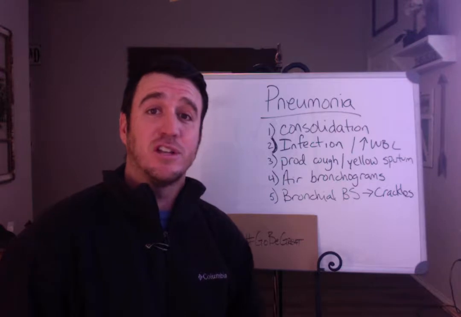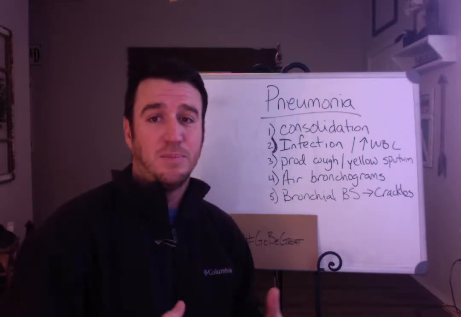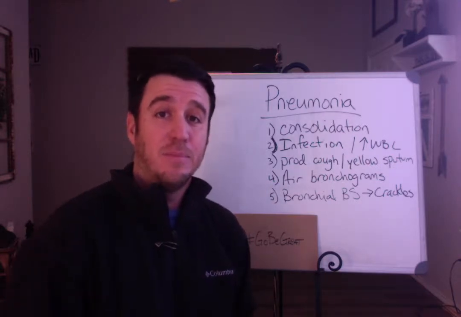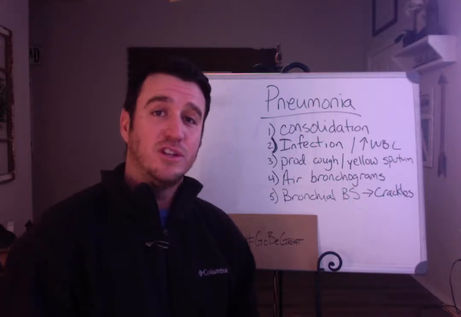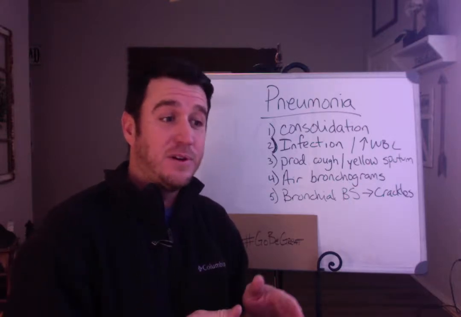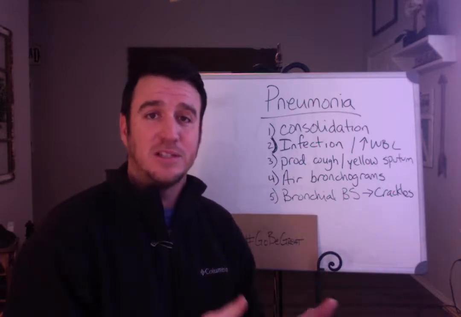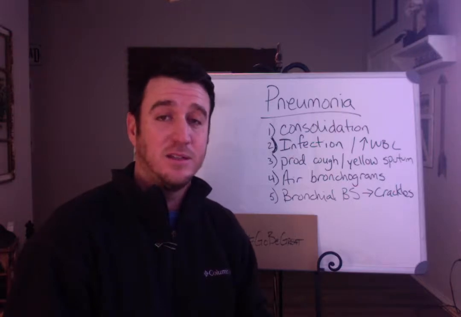And you have to understand that it's some sort of infection, which will be present and obvious by your white blood cell count being elevated. So if you ever see a high white blood cell count, and you have suggestive patterns of consolidation being present, then you should be considering pneumonia as your disease process.